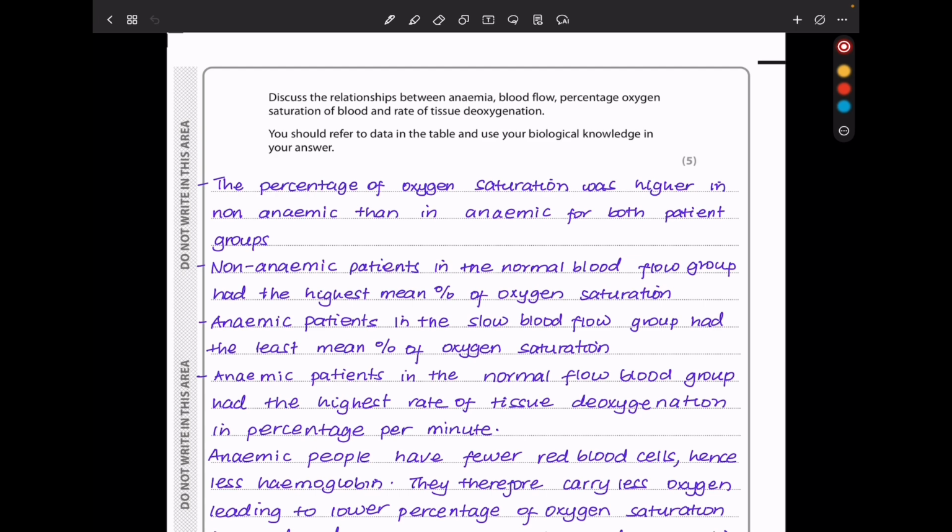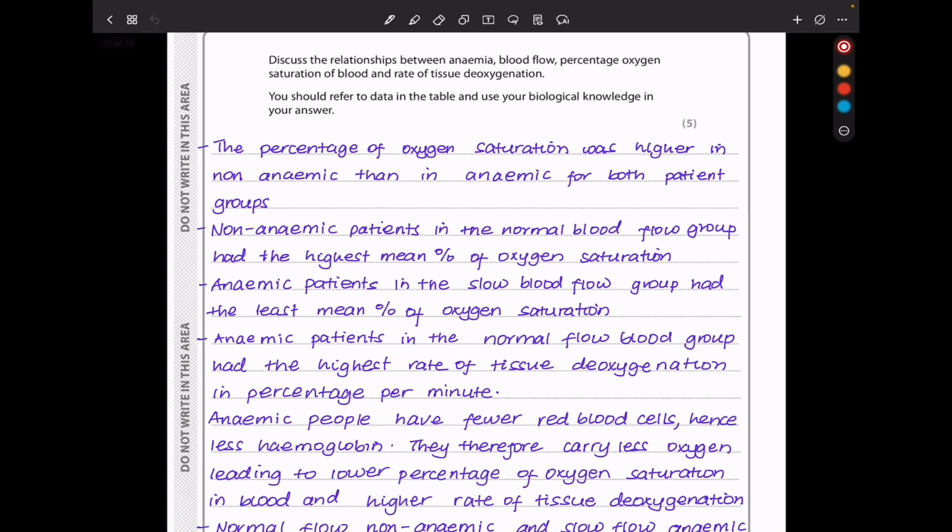So they say discuss the relationships between anemia, blood flow, percentage oxygen saturation of blood, and the rate of tissue deoxygenation. You should refer to the data in the table and use your biological knowledge in your answer. I've already talked about the results in the table, so I'm just going to go through what I wrote here. I said the percentage of oxygen saturation was higher in non-anemic than in anemic for both patient groups.